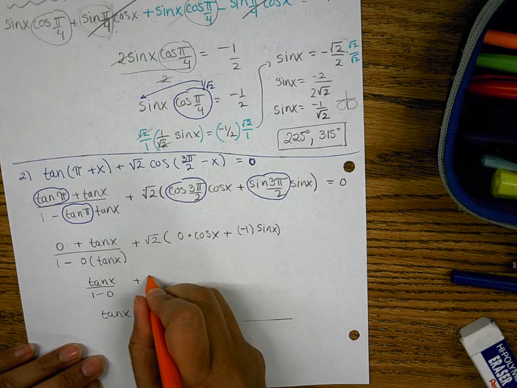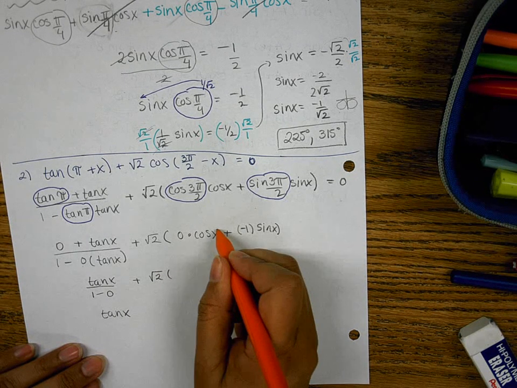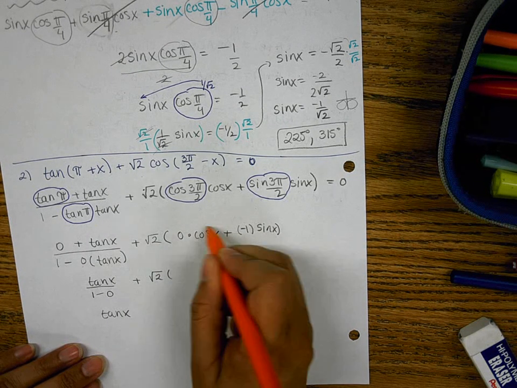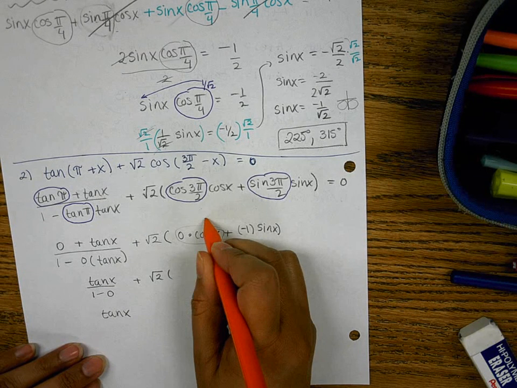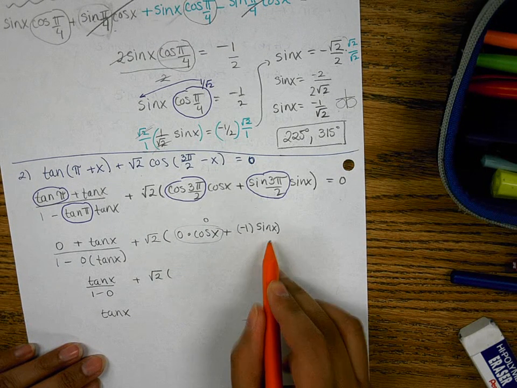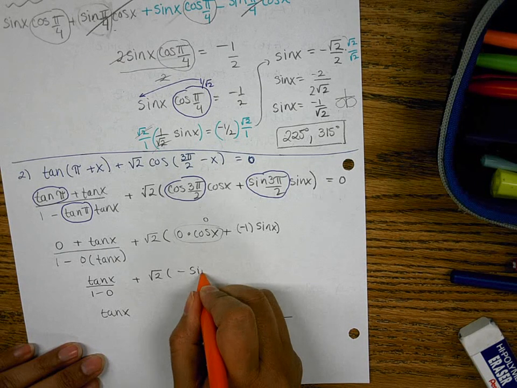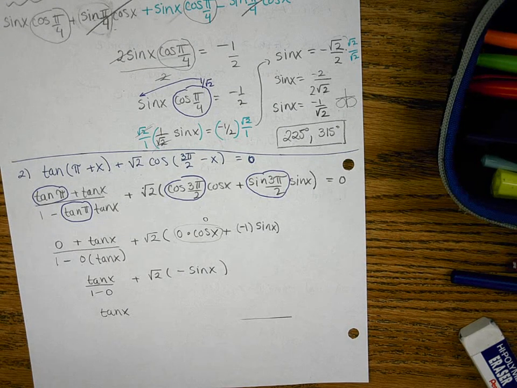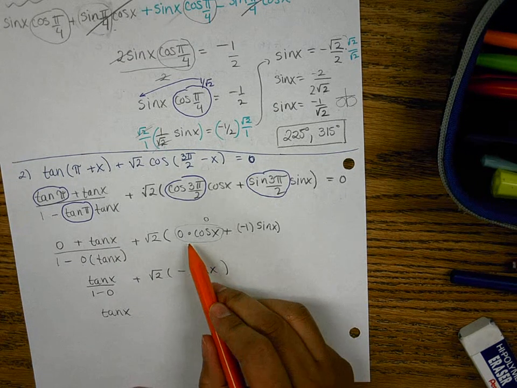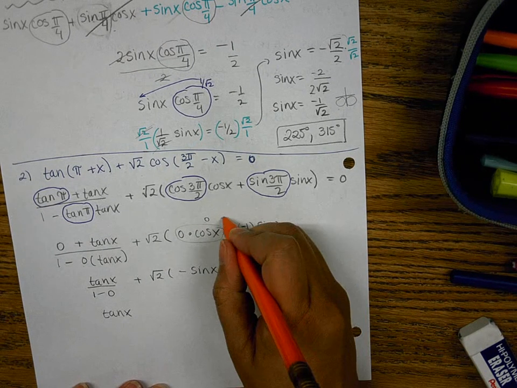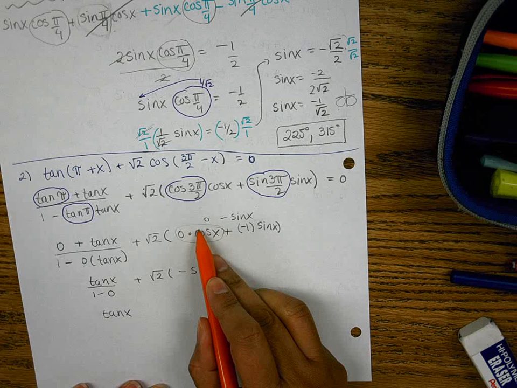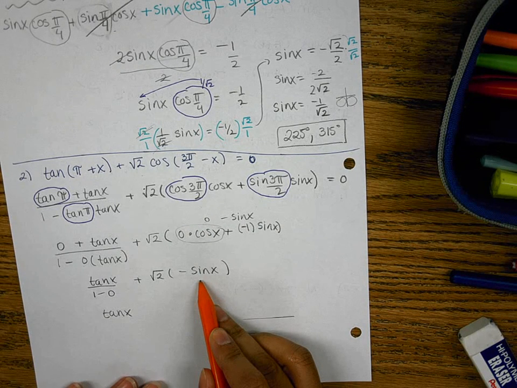Plus √2 times. Notice that all of this is going to become 0. Do you see that? All of this is 0 minus sine of x, which is negative sine of x. Okay, so what happened here? 0 times cosine is 0. Negative times sine is negative sine x. 0 minus sine x is just negative sine x.